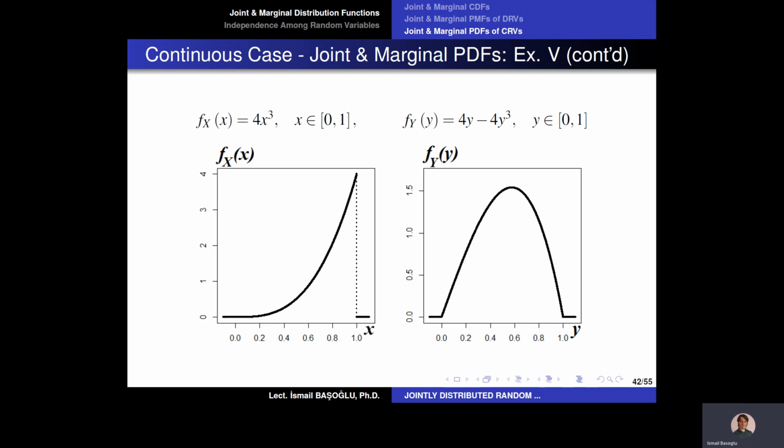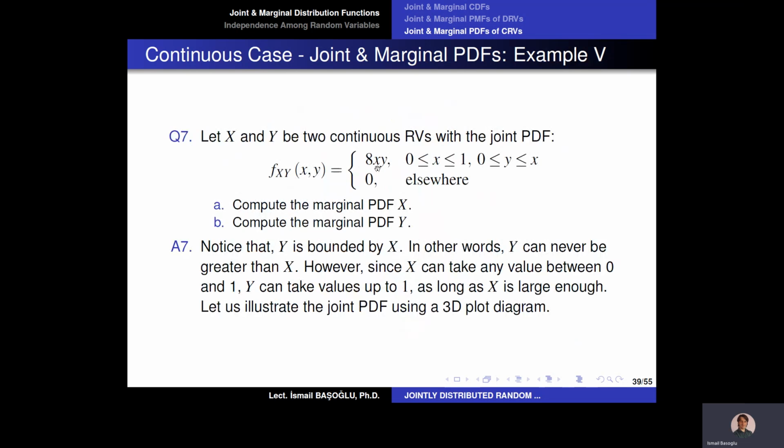Now, of course, the marginal PDFs are different here. Why? Because even though the contributions of x and y are the same in this function, their domains are dependent on each other. They are not the same. For example, if x takes the value of 0.5, then y can only take values between 0 and 0.5. So the possible values that they take are dependent on each other.